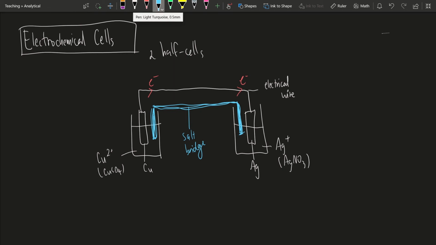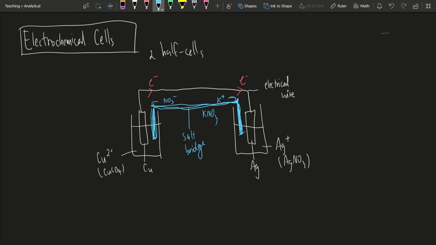It turns out that, for example, if we have potassium nitrate here, the potassium ion gonna migrate to this silver half cell, and nitrate ion gonna transport to this copper half cell in order to preserve the balance of the electrical charge.